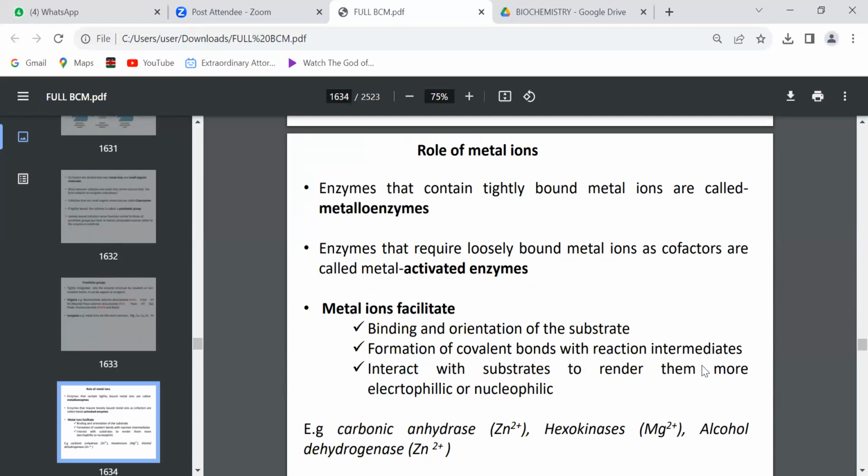When we look at the metabolic pathways, we'll see where we need the hexokinase and where we need the magnesium to activate hexokinase for the whole cycle to continue. So metalloenzymes are metal ion cofactors.